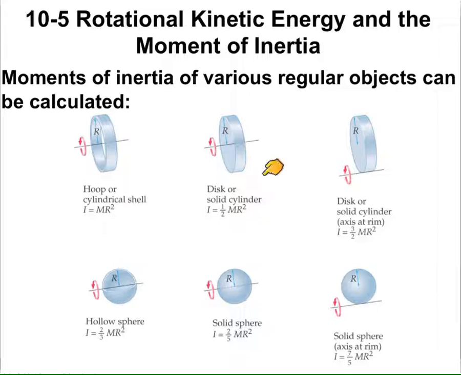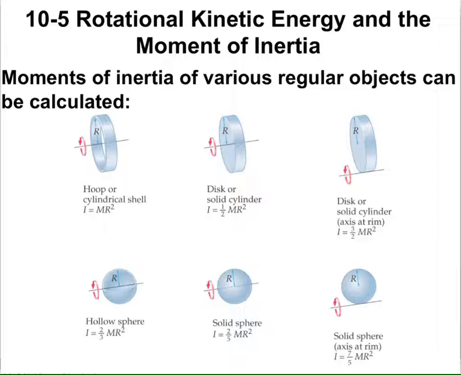But if you think of a solid disk, its mass is not only on the rim, but is evenly distributed over the surface of the disk. In that case, when you calculate, its moment of inertia is not mr square, but 1/2 mr square.